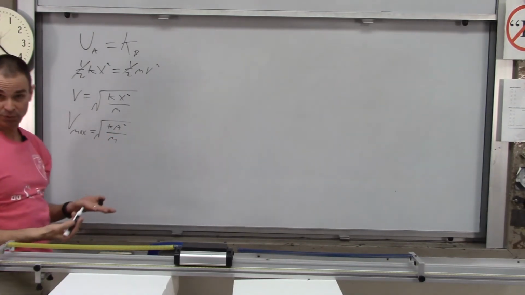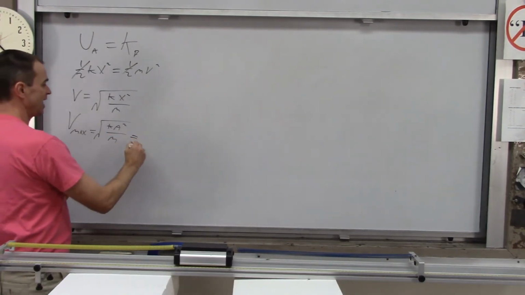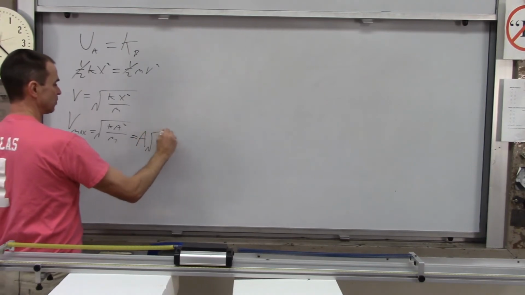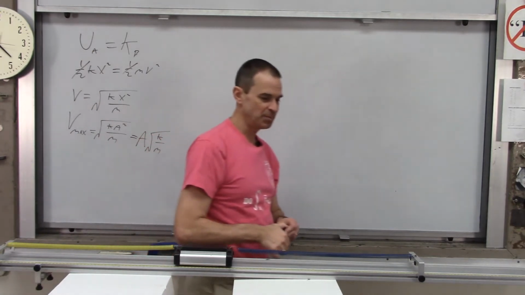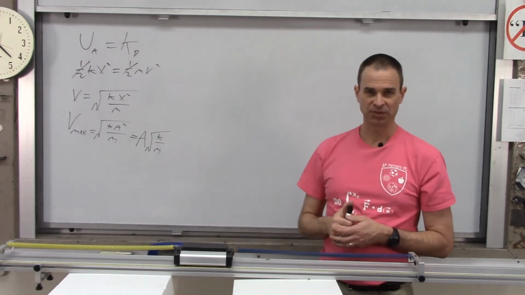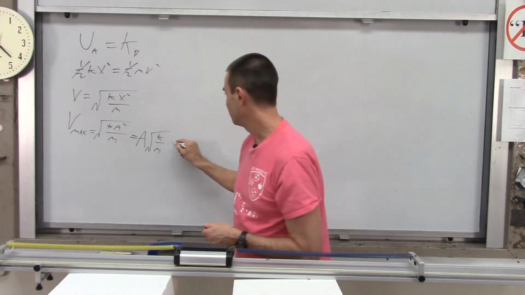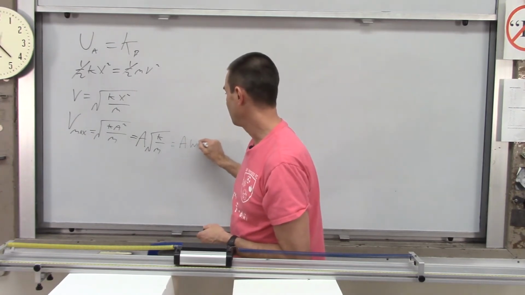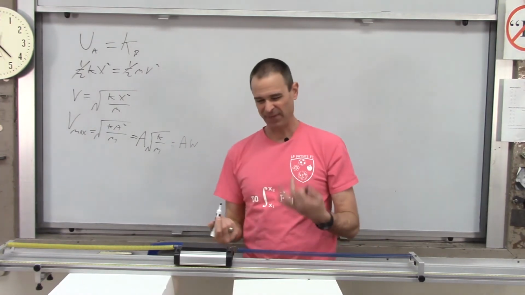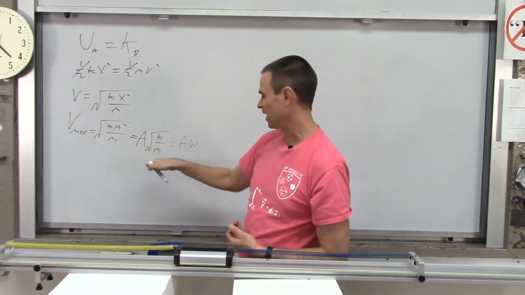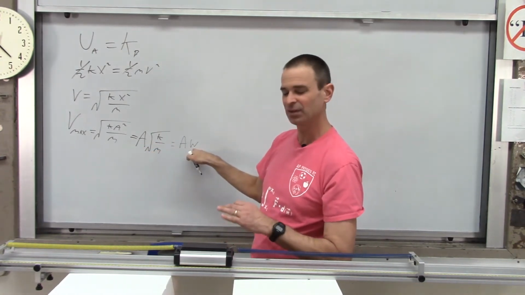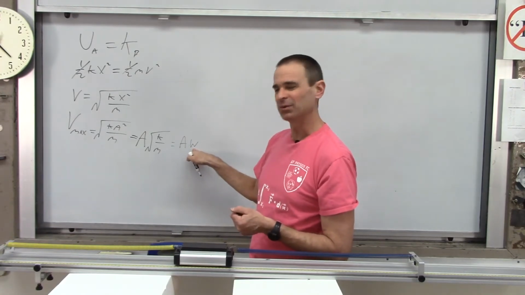Now I will make a note: you can pull the A out and you get A times root k over m. Root k over m is called the angular frequency of the system. It's omega. So in a textbook, you might see this as A omega. I prefer not to do it that way. I prefer to actually work this out, and you can get to that point, that's okay, but I don't like to write that because then it gets a little confusing on what that is.